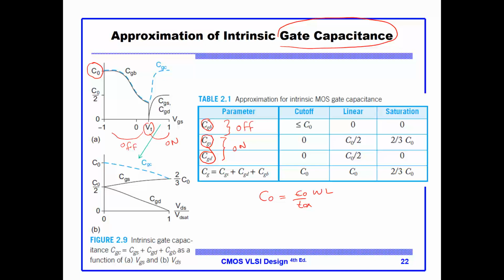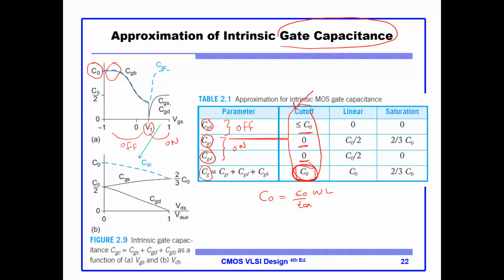When the device is in the cut-off region, the gate to bulk value is about C naught, while there is no gate to source and gate to drain. You add these three together and you get the total of C naught. So the gate capacitance when the device is at cutoff equals C naught, and this is what we see right here.